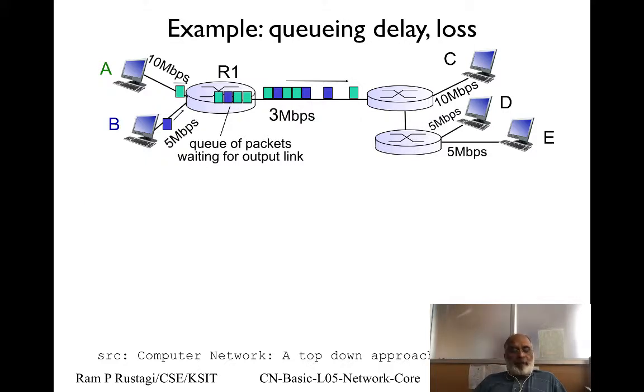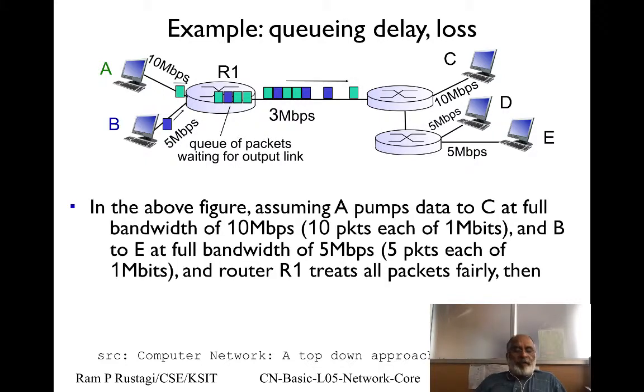Let's look at a simple example here. We have a machine A which is sending at the rate of 10 Mbps, machine B sending at the rate of 5 Mbps, and router R1's outgoing link is 3 Mbps. Let's say A sends at the full rate of 10 megabits per second. Assuming each packet is 1 megabit, that means A keeps sending 10 packets every second, each of 1 megabit, and B keeps sending at the full rate of 5 megabits, that is 5 packets.